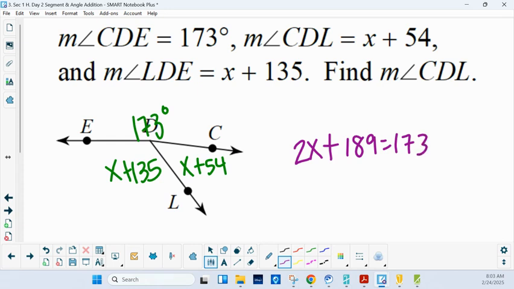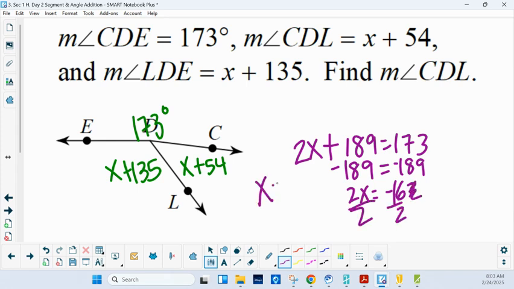And then they all seem to solve similar. We're either moving variables and numbers or just solving. 173 minus 189, what do we get? 62? Oh, 16. 16, divide by 2, so we've got our x is negative 8, and we are finding angle CDL. So just plug it in. Negative 8 plus 54, 36 degrees. Thank you. 36 degrees. Good, good.